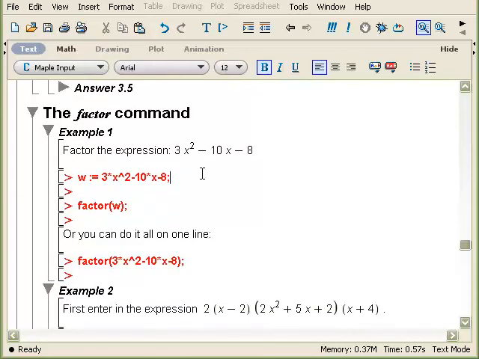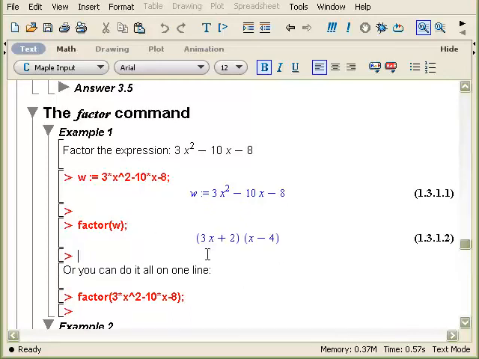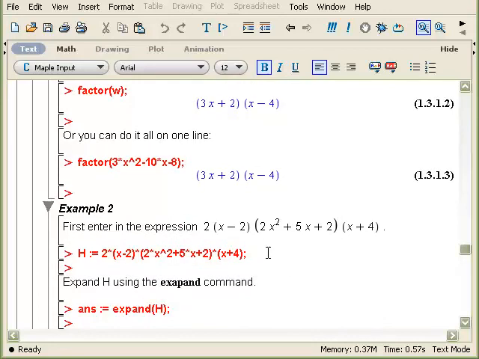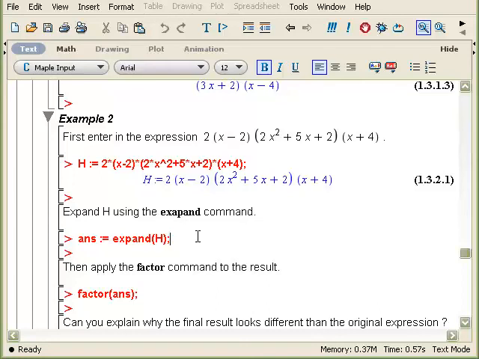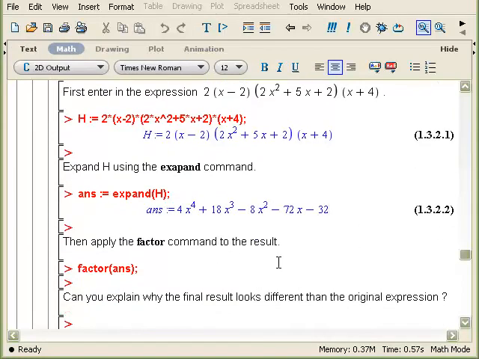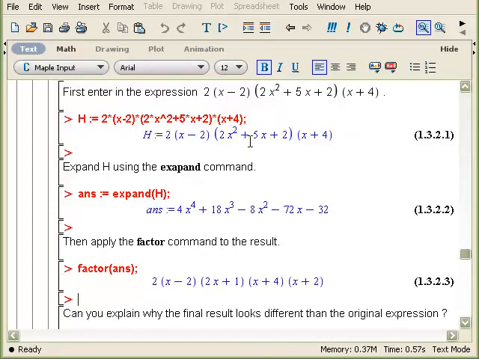Okay, the next one is the factor command. If you have a polynomial style expression, you can actually factor it out. And of course you can do it all together like this. If h is assigned to this factored form, then expand of h will give us this polynomial style result. And if that is assigned to n, then factoring n should give us back the original form.